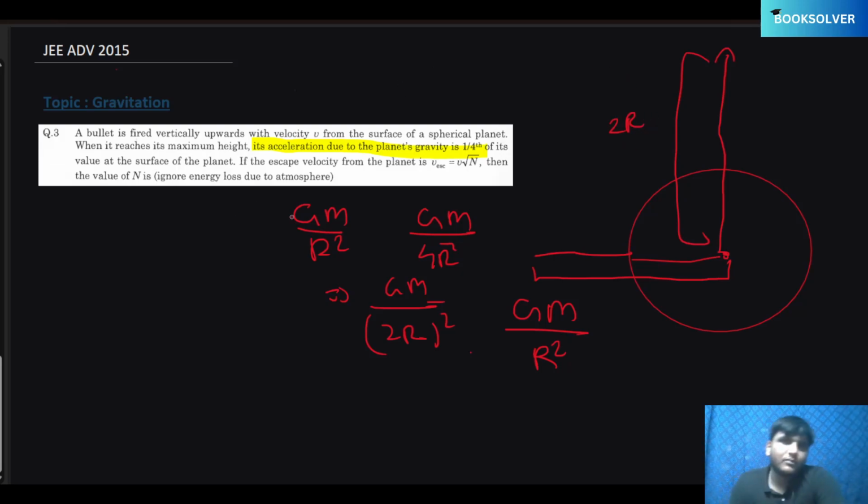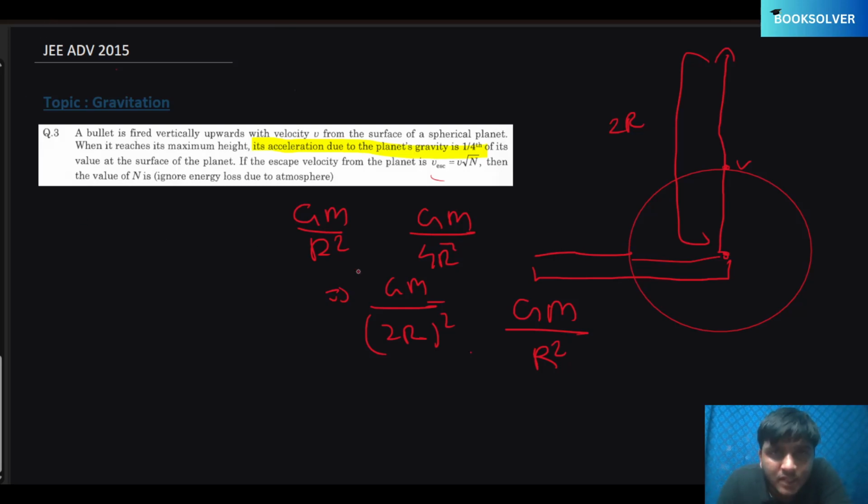Now it says that the velocity which has been given here, if you multiply it with root n, should be equal to the escape velocity. Now what is escape velocity? Escape velocity is the velocity which, if given on the surface of the earth, makes the body unbounded, or at some height its potential energy becomes zero.